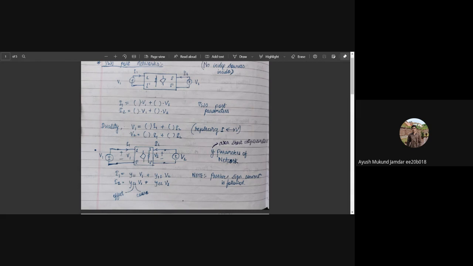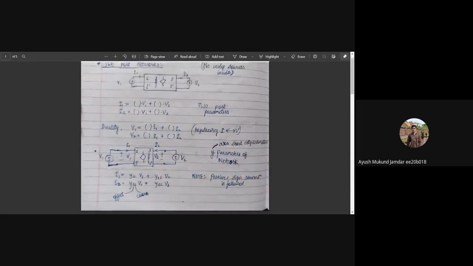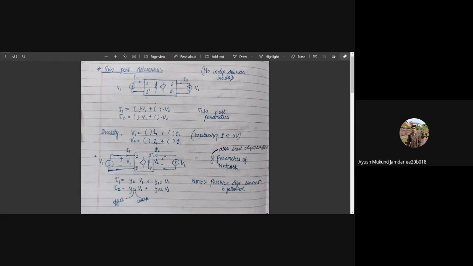At this point, we can see that this parameter set Y11, Y12, Y21, and Y22 can be represented as a matrix, a Y parameter matrix comprising four elements, a 2 by 2 matrix. When that matrix is multiplied by a column vector V1, V2, we get a column vector I1, I2.